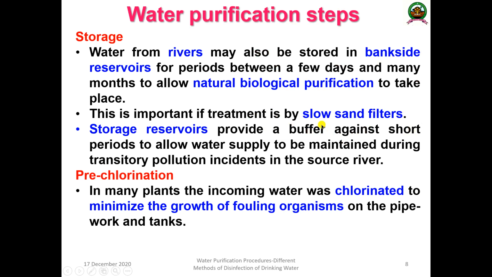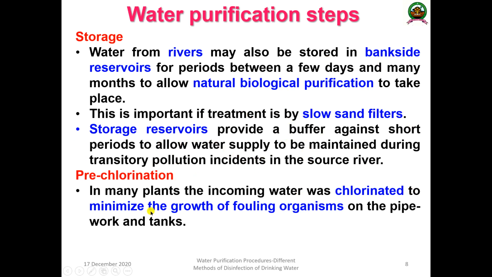Here you can use a sand filter also. The storage reservoir provides a buffer for a short period of time, which allows the water supply to be maintained during pollution incidents in the source river.